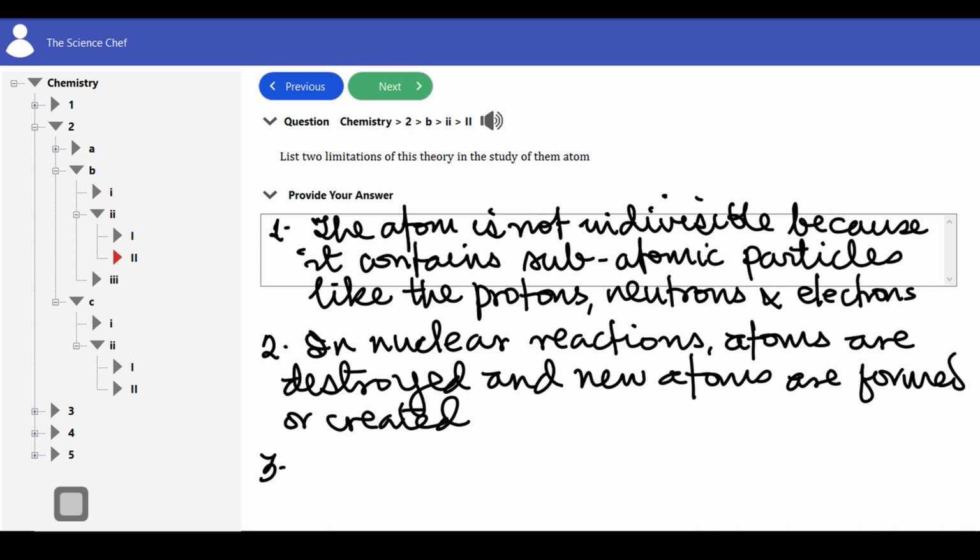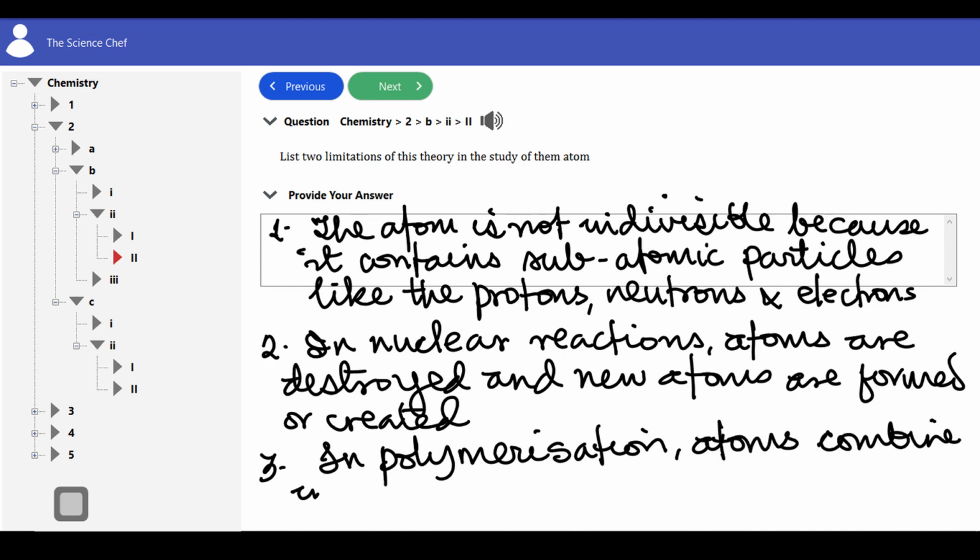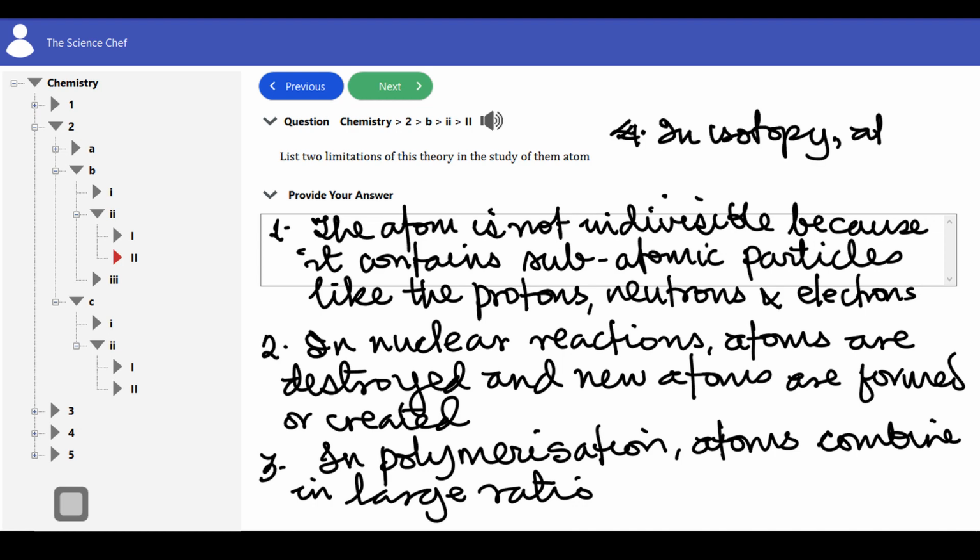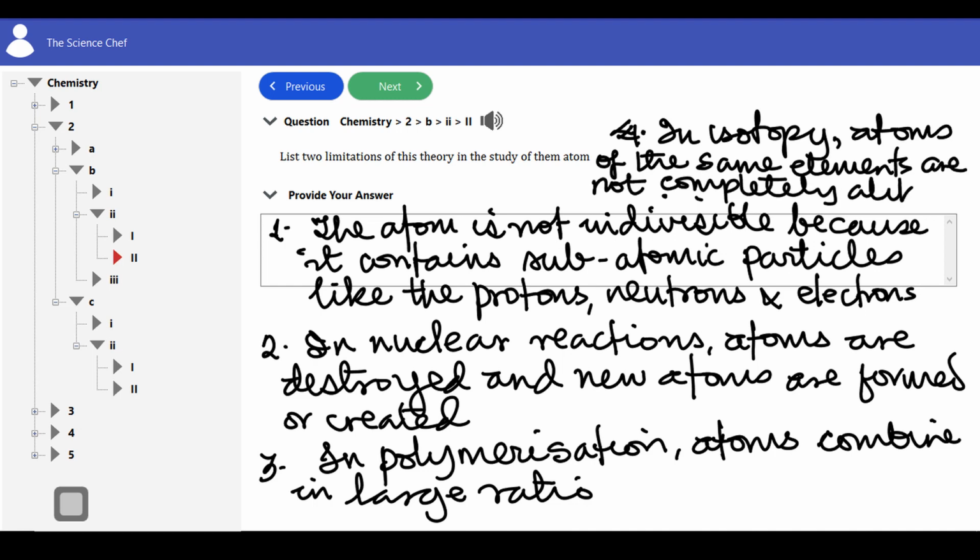And also in polymerization, atoms combine in large ratios, right? Not necessarily simple ratios. And of course, in isotopy, atoms of the same element are not completely alike.